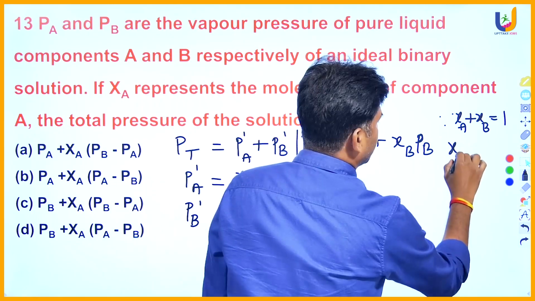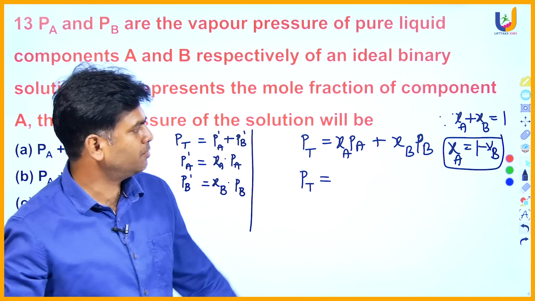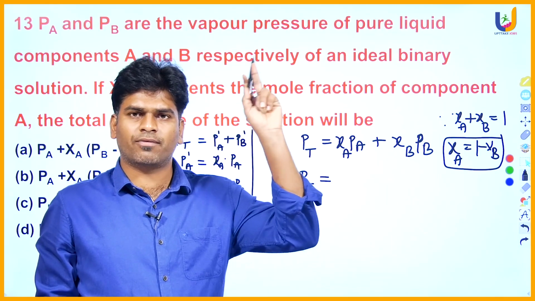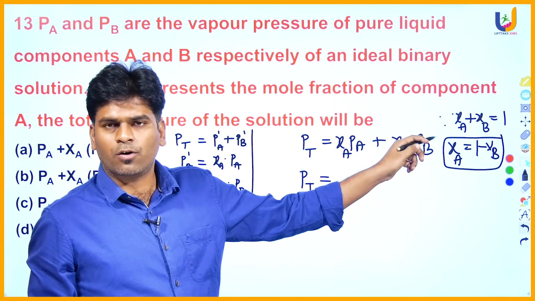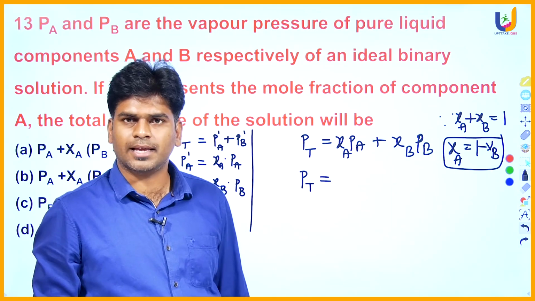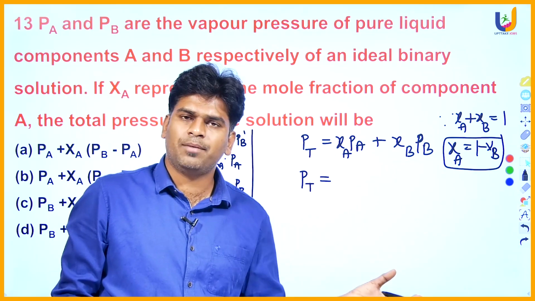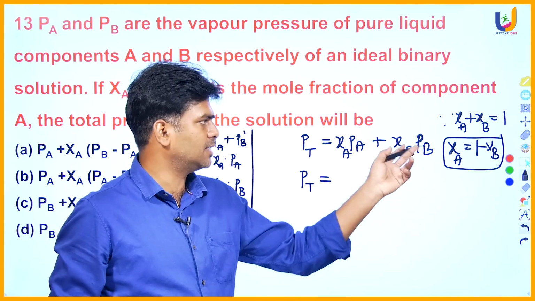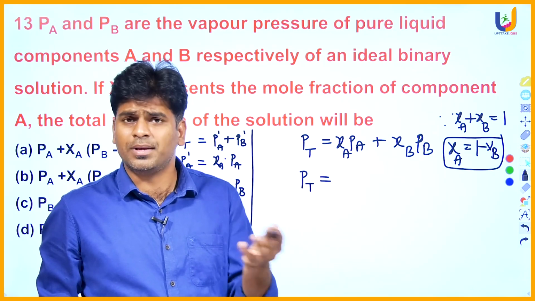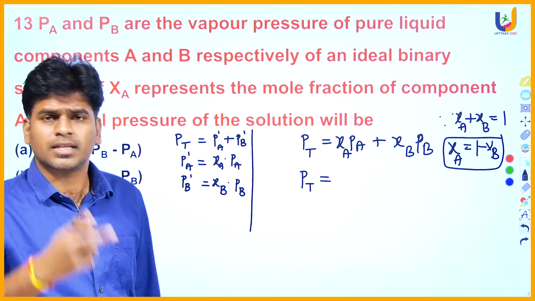From this, Xi A is equal to 1 minus Xi B, or Xi B is equal to 1 minus Xi A. So from mole fraction only we have found this derivation. These are the two ways you can write it.